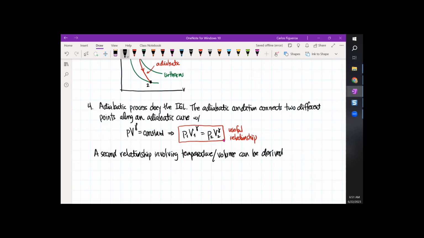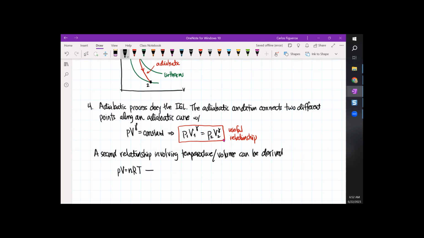If I look at this, I start off with the ideal gas law, because adiabatic processes still obey the ideal gas law, with the exception that we have to include the gamma if I'm trying to connect two curves.